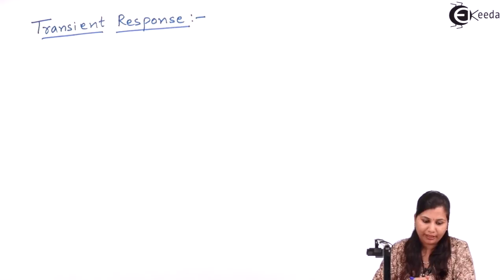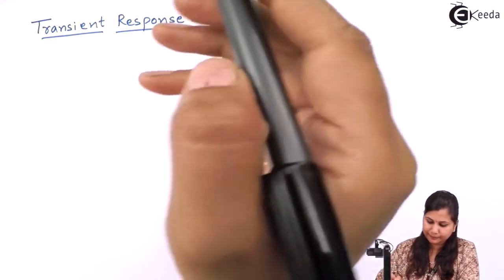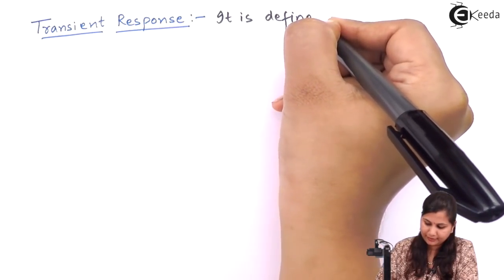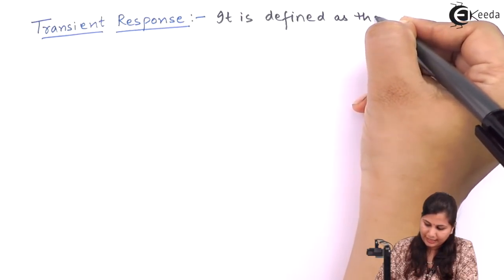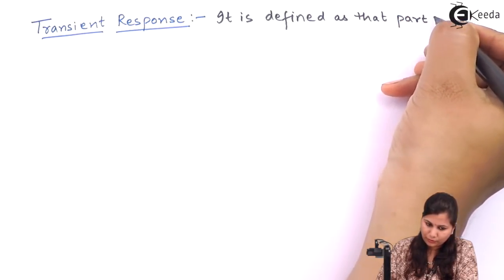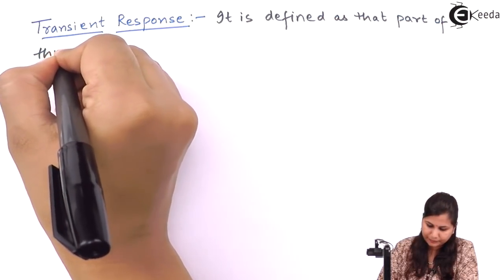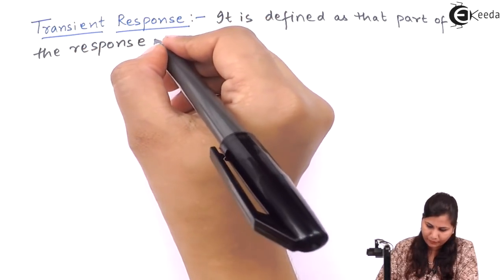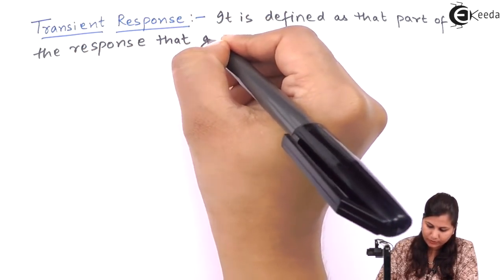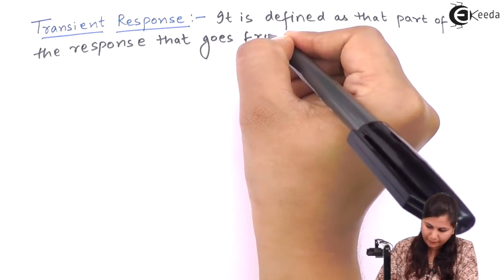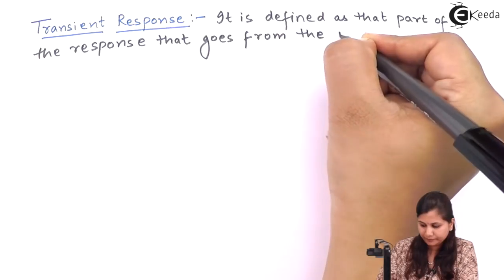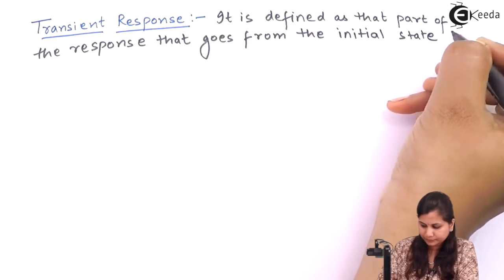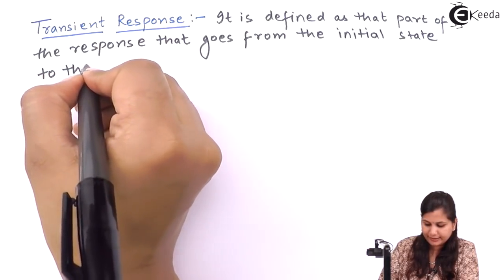We can define the transient response as that part of the response that goes from the initial state to the final state.